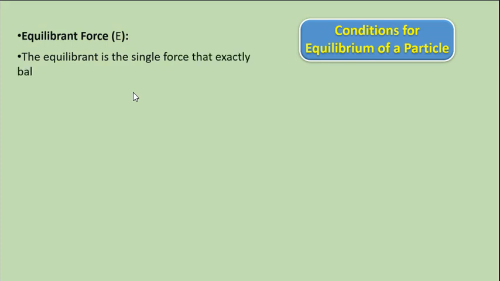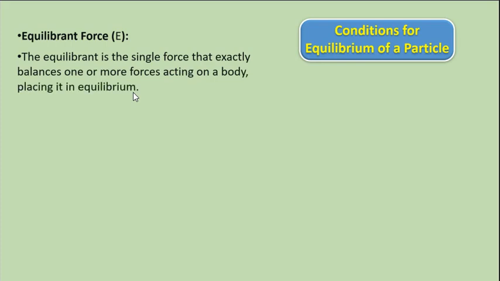Now, moving to the next slide, we'll define equilibrant. Equilibrant is a single force that exactly balances one or more forces acting on a body, placing the body in equilibrium, making the system to be in equilibrium, making the particle to be in equilibrium.